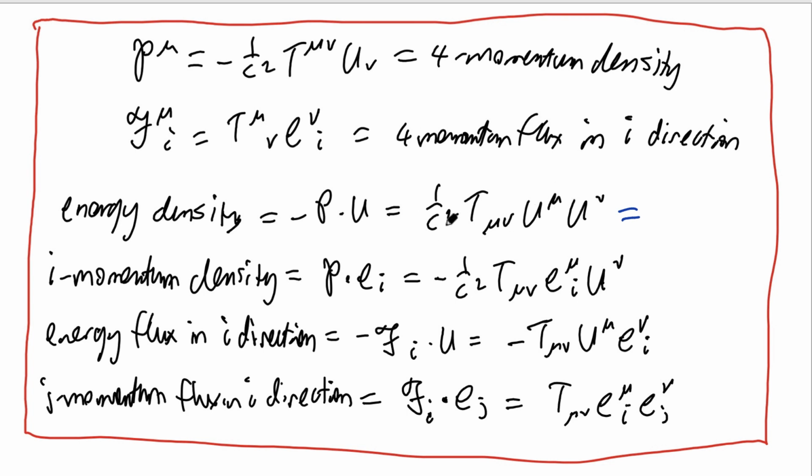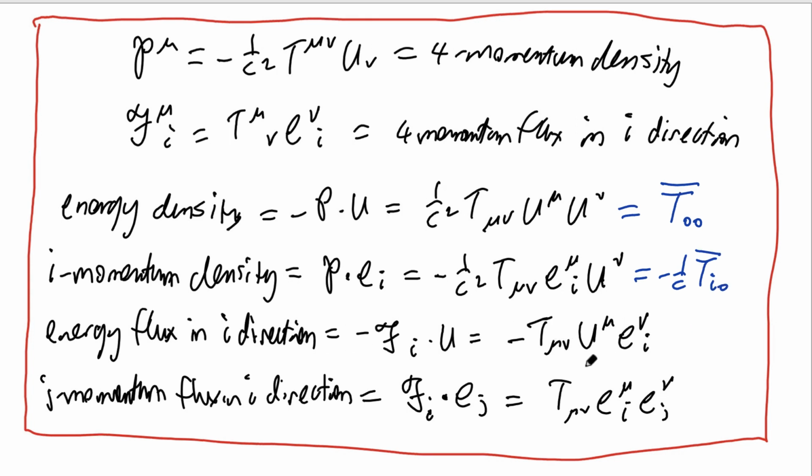So the two factors of c cancel the c squared here, and we're left with the 0, 0 component of T in Fermi normal coordinates. For the momentum density, we have a factor of c that cancels one of those, and E mu I, in the sum over mu, is non-zero only when mu is equal to I. So this is just minus 1 over c times T I 0 in Fermi normal coordinates.